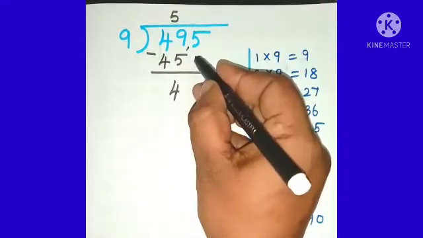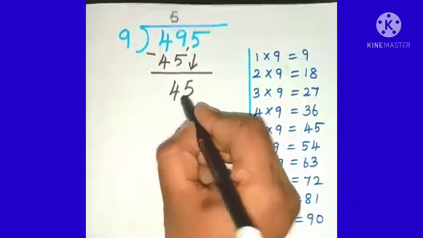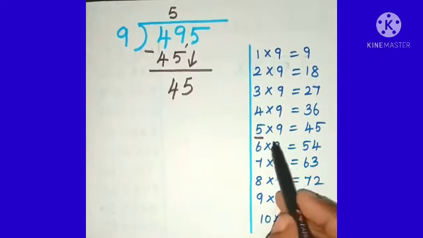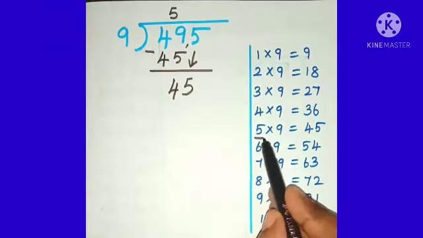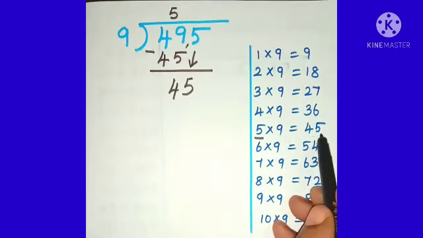As our next step, bring 5 down. Now 45. Look at the table where 45 lies. Yes, it lies exactly here. That is, 5 nines are 45.